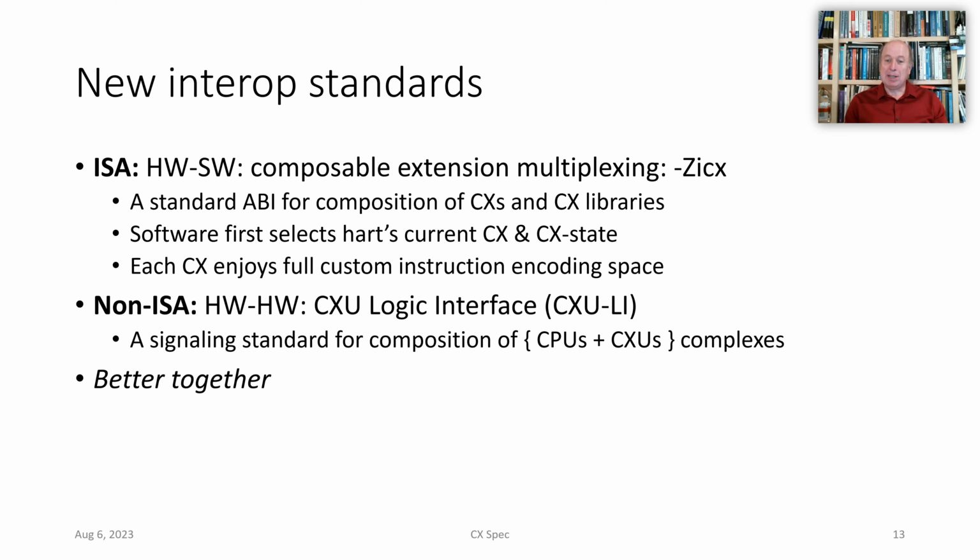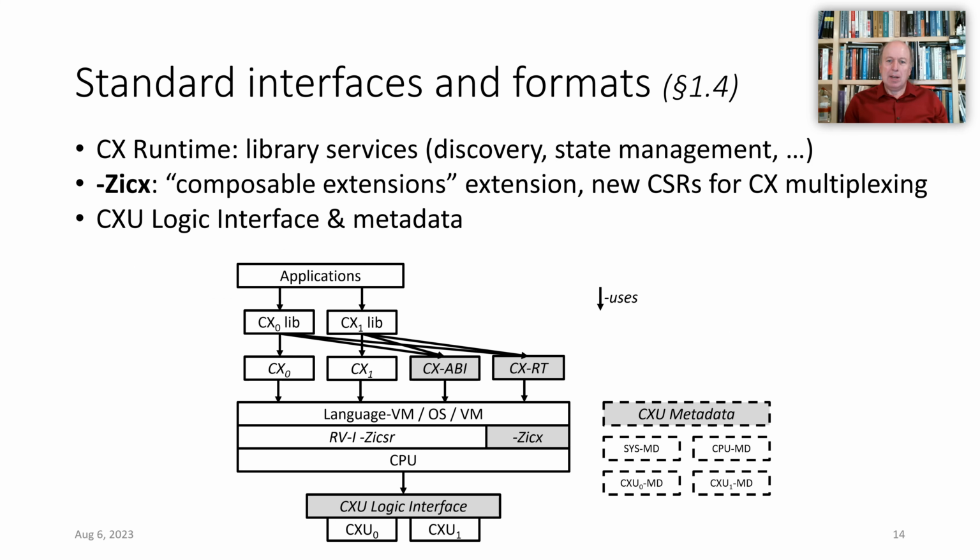You can imagine a processor with Zicx extension multiplexing, but using a proprietary means of adding composable extensions hardware. Or a processor that doesn't do extension multiplexing, but adopts CXU-LI, which enables reuse of the CXU ecosystem. But overall, these two interop standards will work much better together. So this illustrates where the new interfaces fit into the hardware-software stack.